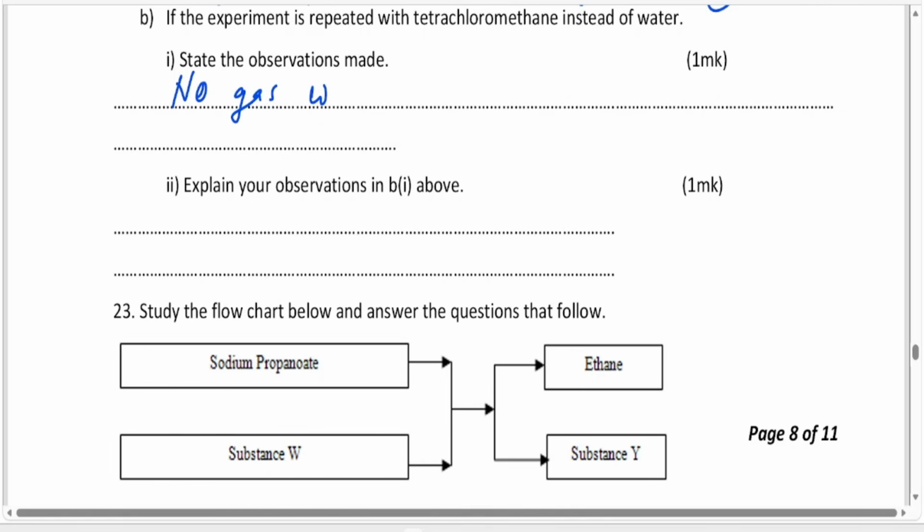And the reason as to why the gas will not be collected is because it will not dissolve to form the 2 acids or to form chlorine water.